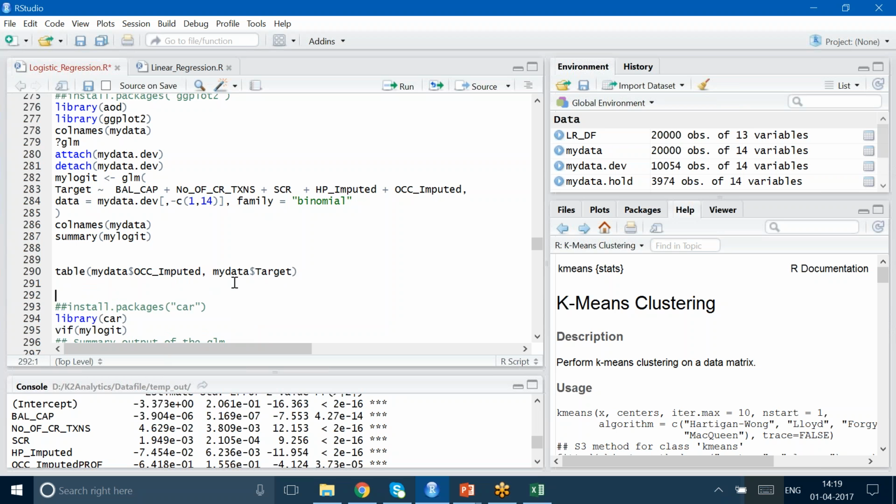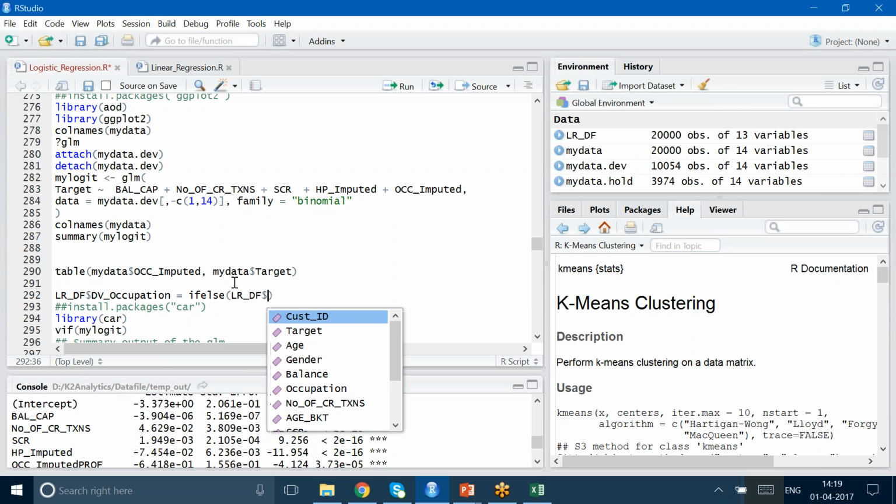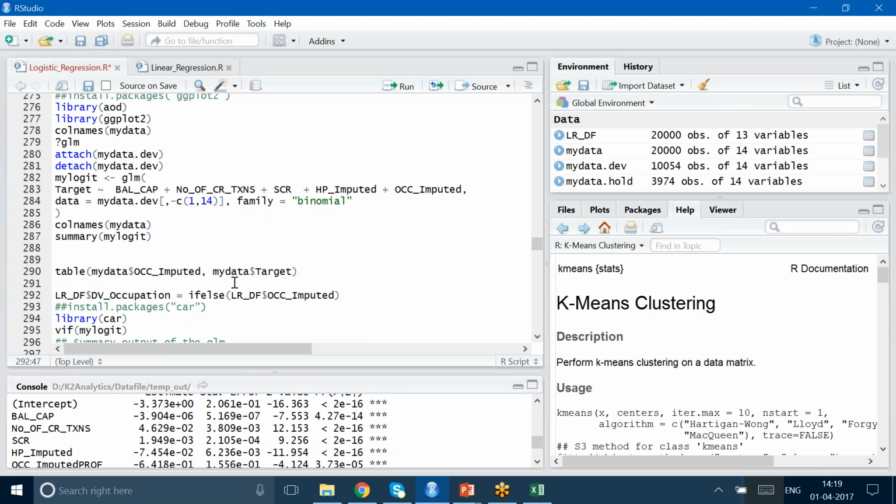you have a new variable, LRDF dollar derived variable on occupation, which is equal to if else LRDF dollar occupation imputed equal to, what is the value? Missing.